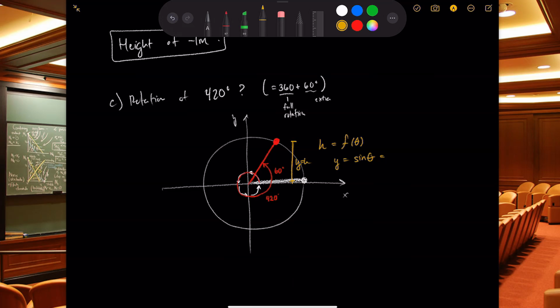Or we could also say 60. We could say sine of 60 or sine of 420. These are all the same. And we should get radical 3 over 2. Let me just check that. I should have never doubted myself. Of course, it's radical 3 over 2, which is around 0.866.